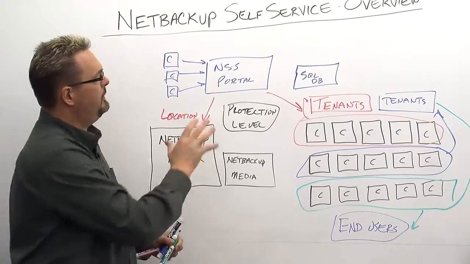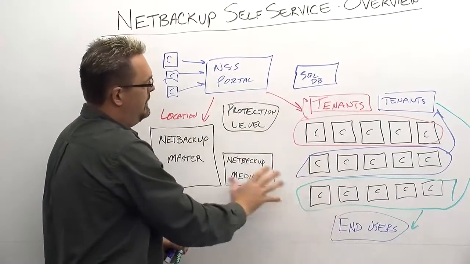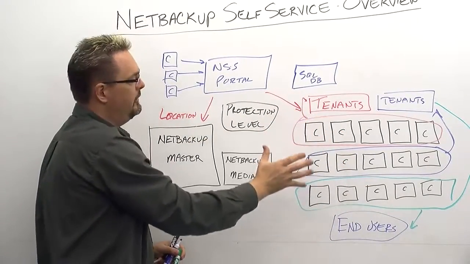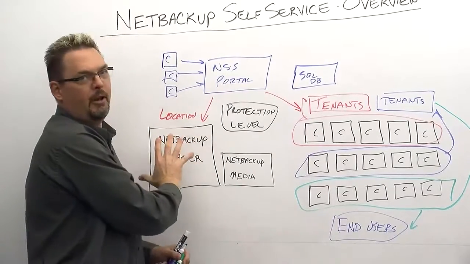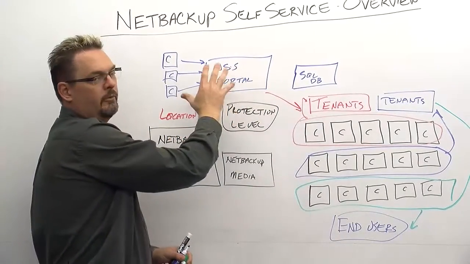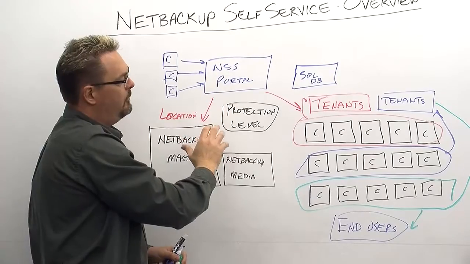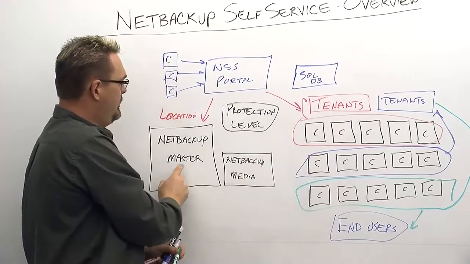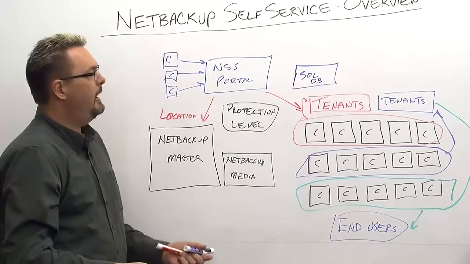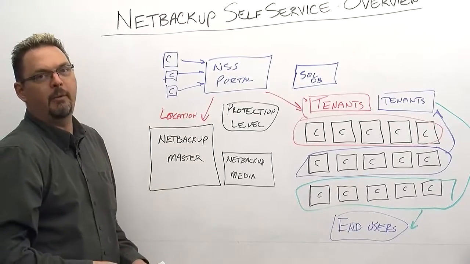So again, it gives complete control over the environment. Your tenants, your customers, your end users never see the NetBackup interface. All they see is the web-based portal, and we're able to completely segregate the data using a single master server. And that, in a nutshell, is NetBackup Self Service.